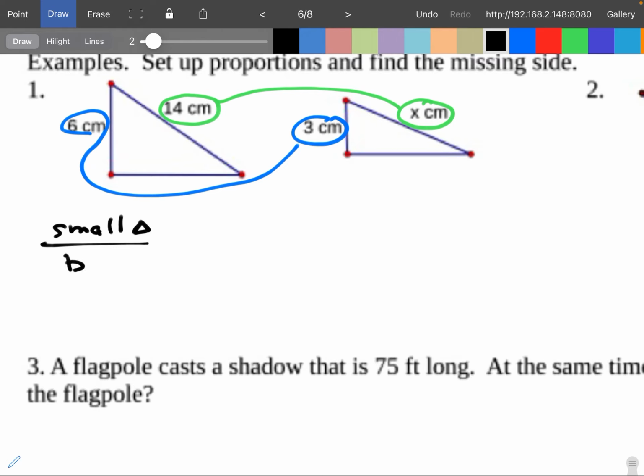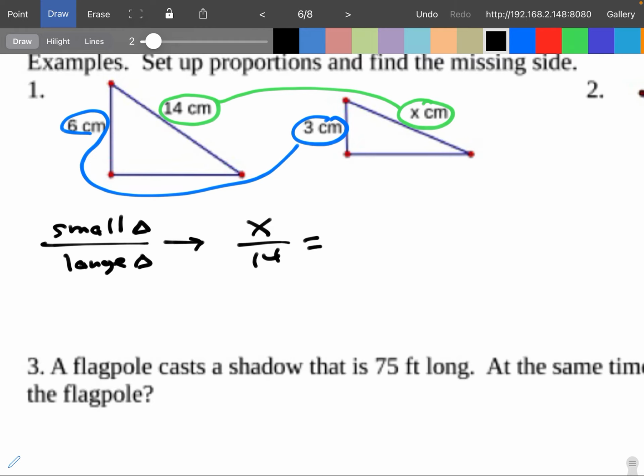So we're going to go small triangle over big triangle, or large, I guess I could say. All right, so we just got to make sure we're consistent like that. So we're going little over big.